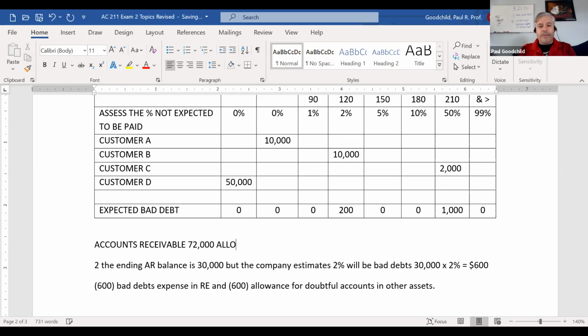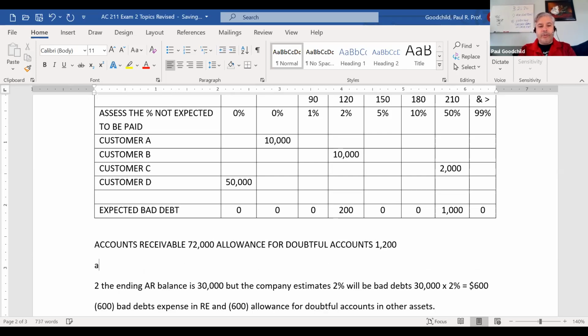And your allowance for doubtful accounts would be 1,200. And so your AR net would be 70,800.